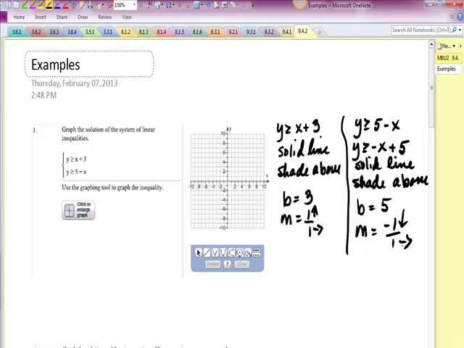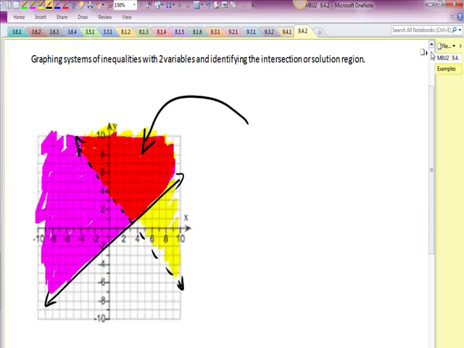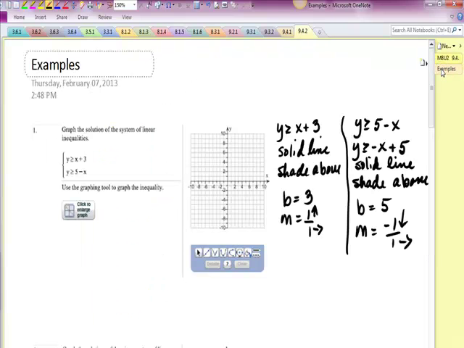Now, what I did in my drawing on this other problem was I shaded one region one color, another region another color, and the blending of the two colors highlighted the intersection. It doesn't work exactly like that in MATLAB, so let me show you. This one, I'm going to click the line tool. It is solid.